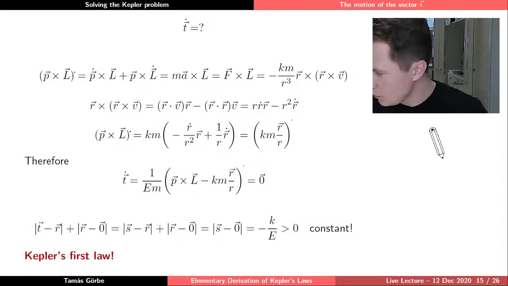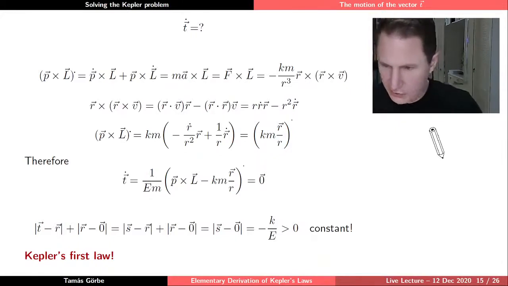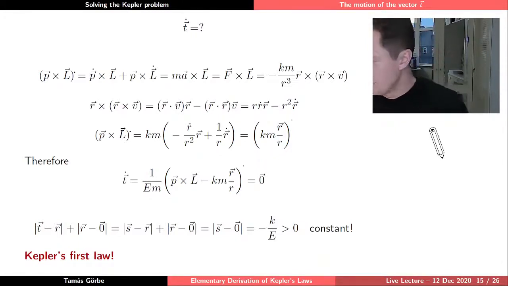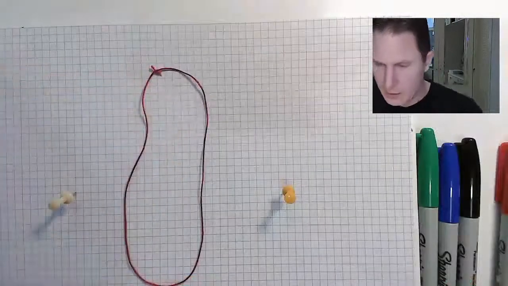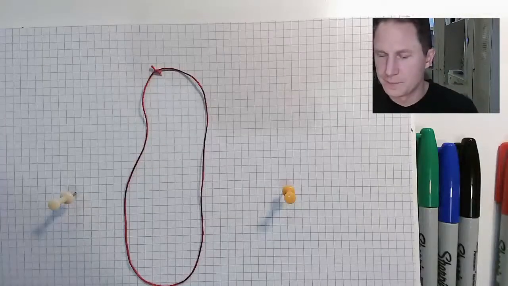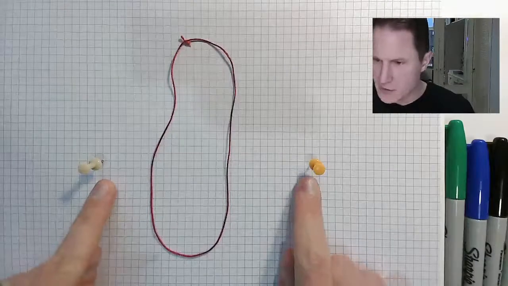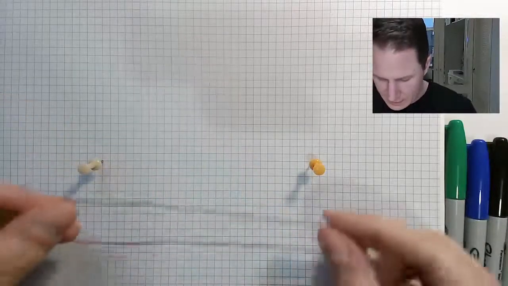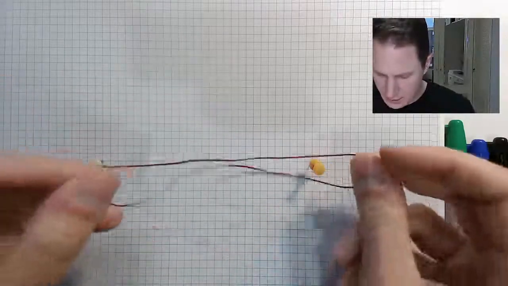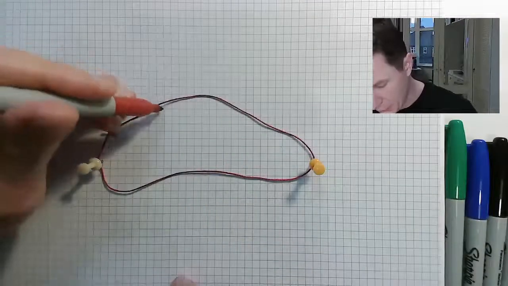Now let me show you why it is really an ellipse. If you look at this notepad right here, we have two fixed points, and I have a piece of string which has a constant length, of course.